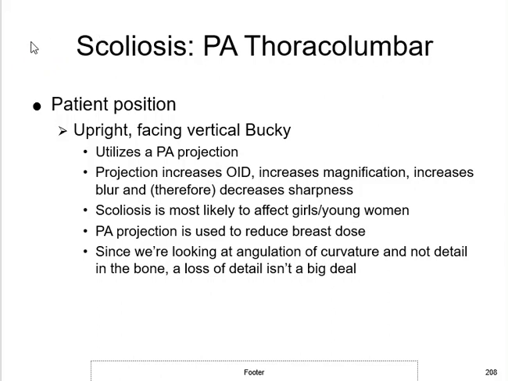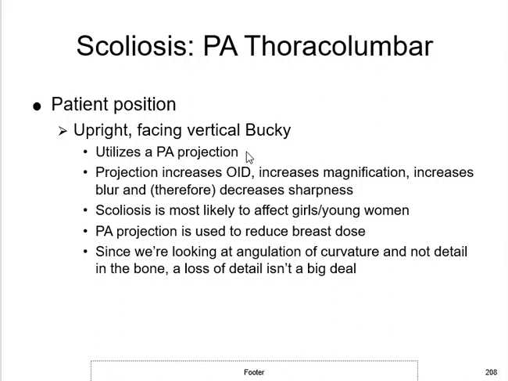Say the thick portion of the wedge is out here, thin portion is here, thin portion is here, thick portion is there. So it creates kind of like a trough. That's why they call it a trough filter. And the purpose for that is to reduce the breast dose on scoliosis series.